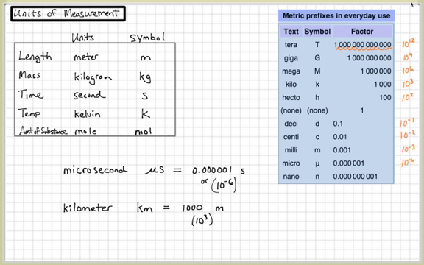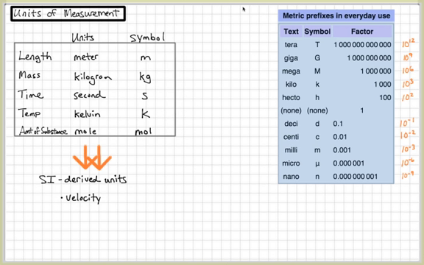There are also SI derived units that are used for various quantities. So for instance, for velocity, which is distance over time, the SI derived unit is meters per second. Notice that these units come from our standard international units for length and time.